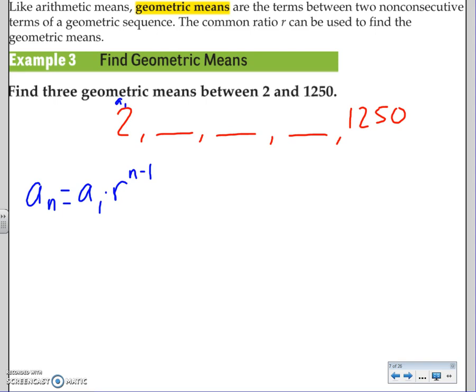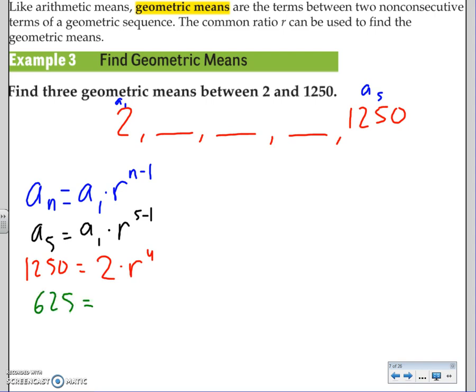This is a sub 1, and this is a2, a3, a4, a5. a sub 5, there are 5 terms. a sub 5 equals a sub 1 times r to the 5 minus 1. We know a sub 5 is 1250. a sub 1 is 2, times r to the 4th power. If I divide by 2, I get 625 equals r to the 4th power. I can take the 4th root of both sides.